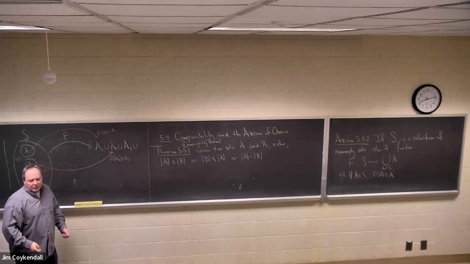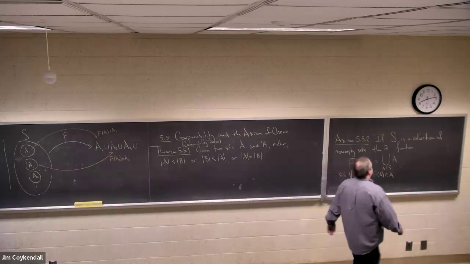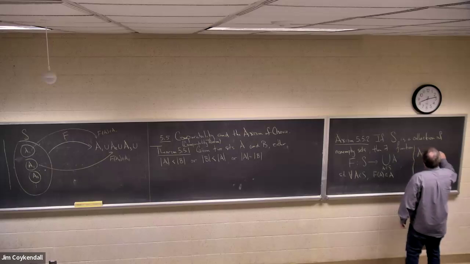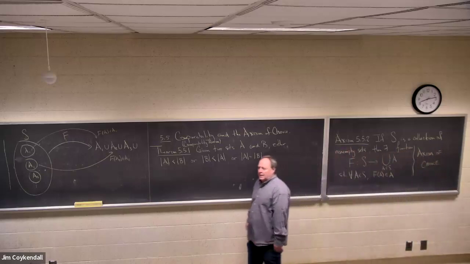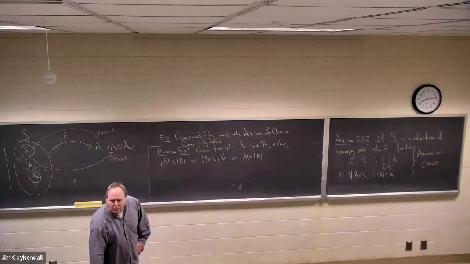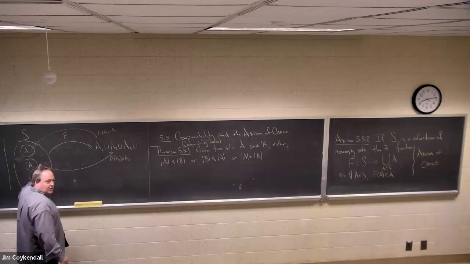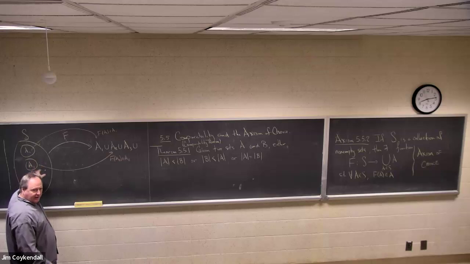So this is why this is called the axiom of choice. Intuitively, what this says is if you have any collection of sets, you can go through and make a choice out of each of these sets to pick an element.